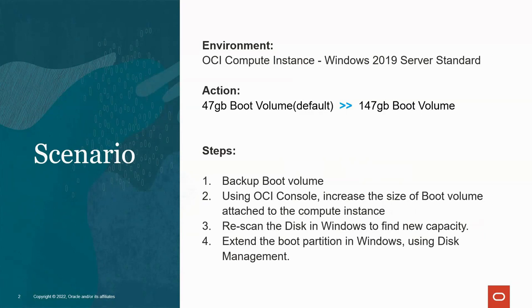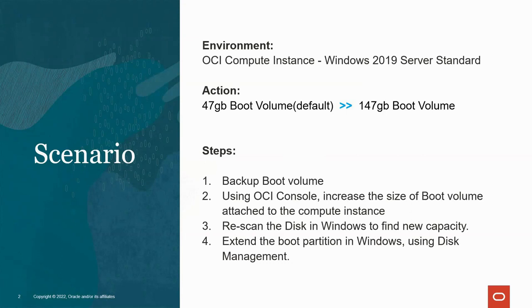It's not only very easy, but you can even do it online, meaning you don't have to shut down your Windows instance. You can do it while the applications are running. Once you have created a Windows instance, you can still resize its capacity.